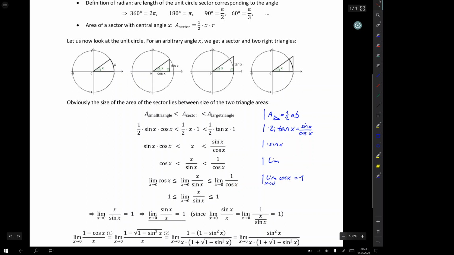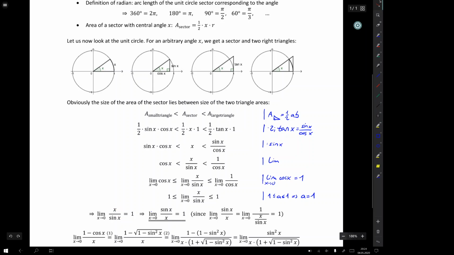So since 1 is smaller or equal to this limit, and the limit is smaller or equal to 1, there's only one possibility: this limit has to be equal to 1. Well, if the limit of x divided by sine of x is 1, then obviously also the limit of sine of x divided by x, so inverting these two, is 1.